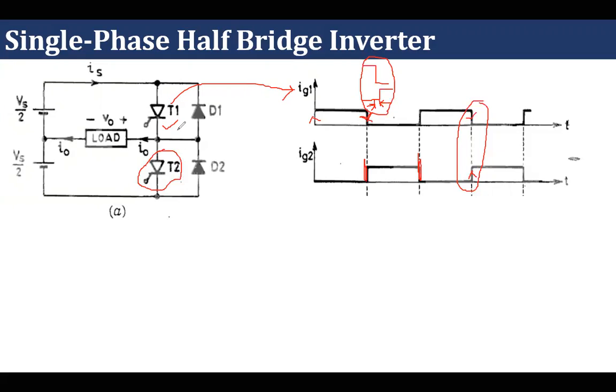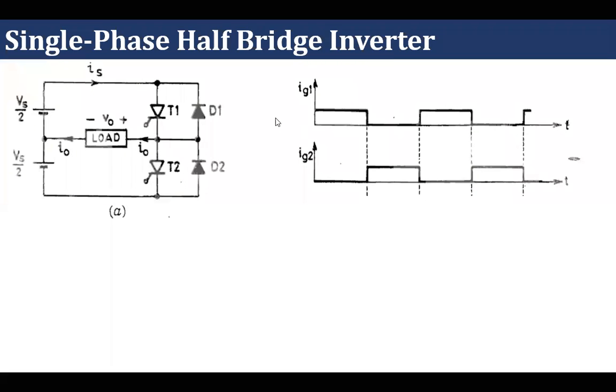Then after that we give the gate pulse to device number two, and that's why dead time is required practically. But just for the sake of theoretical understanding, we are going through this half bridge inverter, and so we are neglecting this parameter.